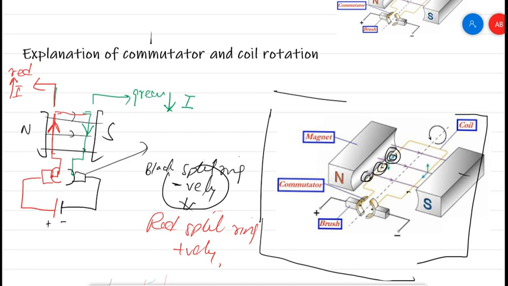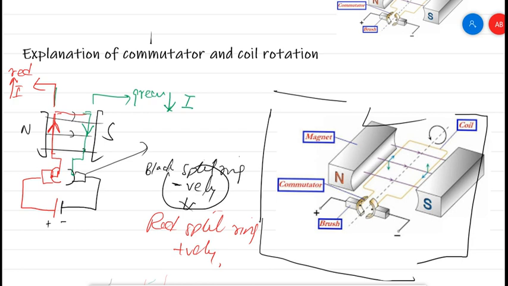So the interaction of two magnetic field lines: one due to the bar magnets and one around a current carrying conductor, which can be clockwise or anti-clockwise, depending on the direction, which we can find with the help of the right-hand rule.